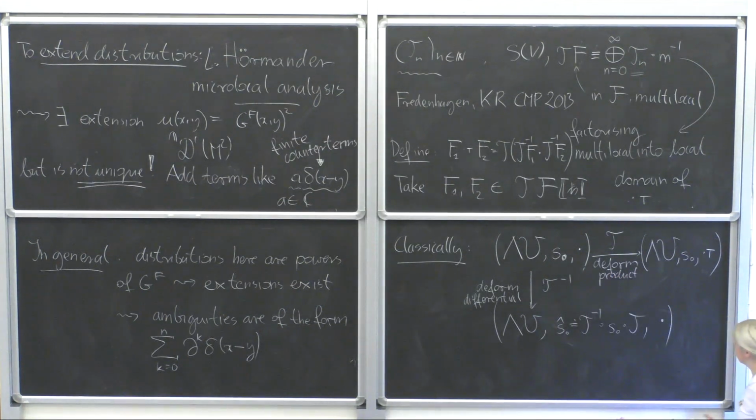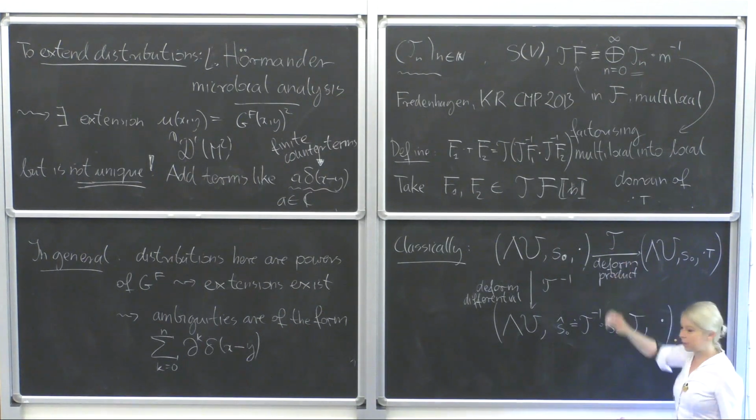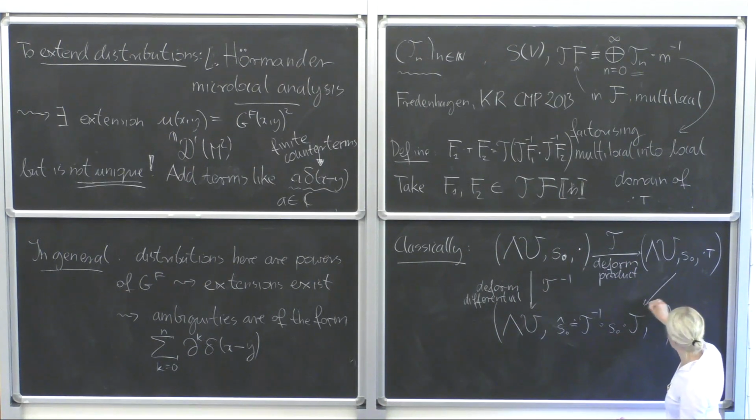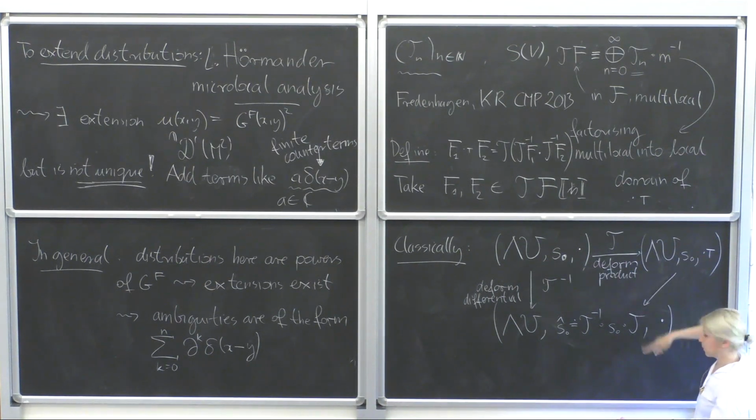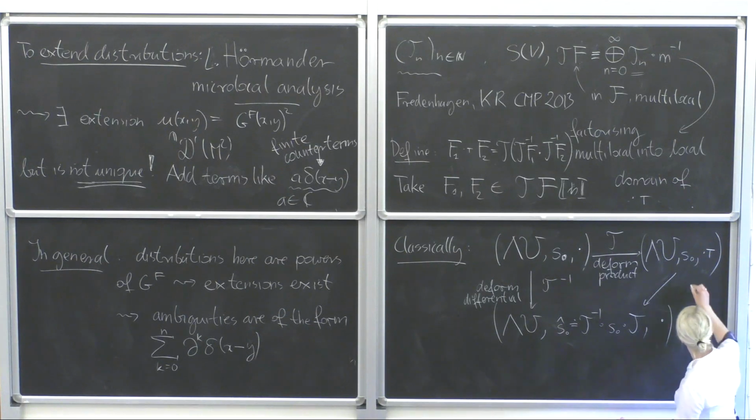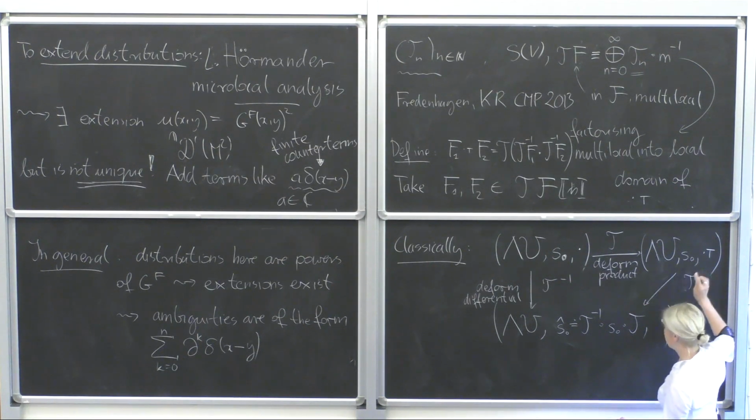But actually, this map T here provides a quasi-isomorphism of these chain complexes. So here, T minus 1 is a quasi-isomorphism.